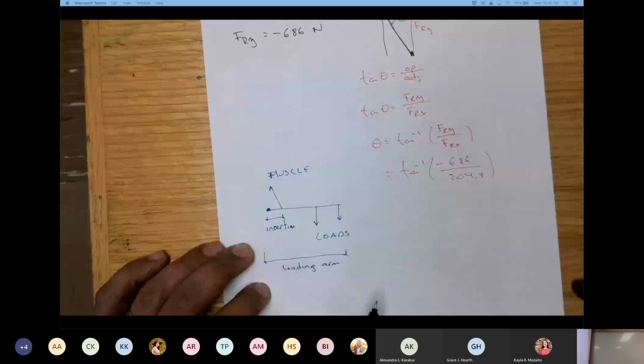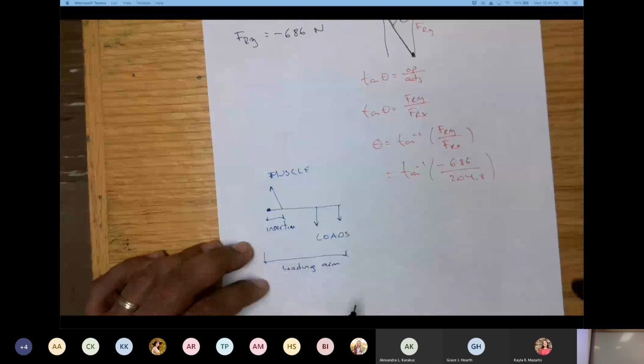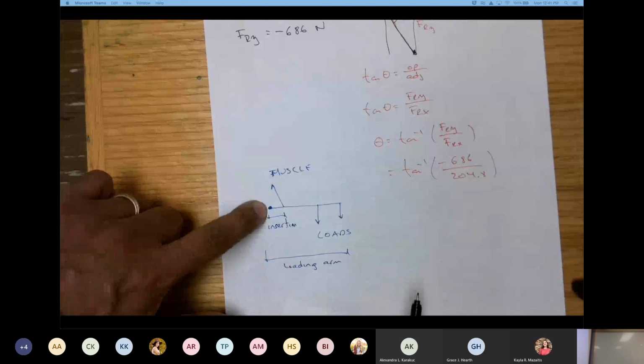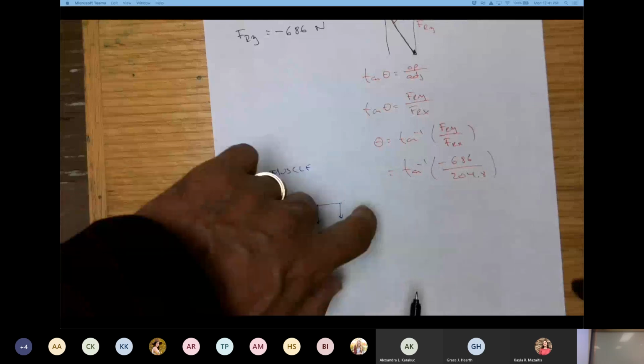Okay, and this is very common for any part of your anatomy that has a big range of motion. You're going to have this configuration: pivot point, the muscle, and then the loads are going to be farther away.